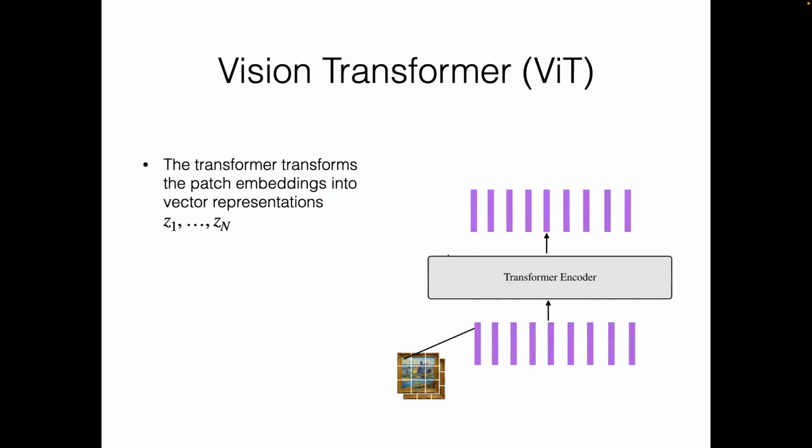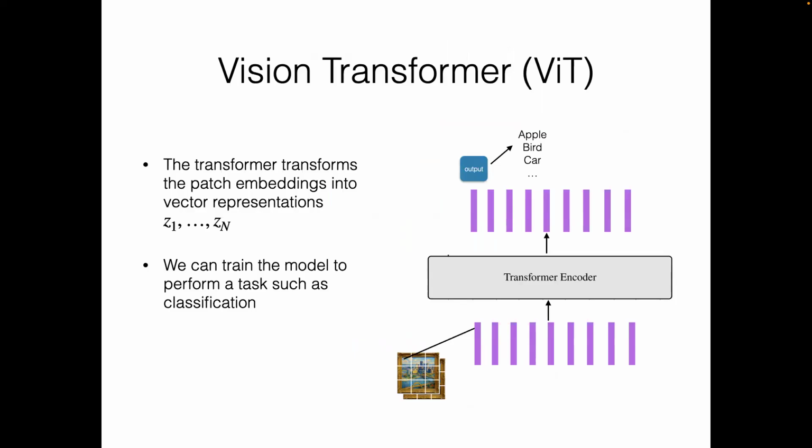Okay, and so now that we kind of have the embeddings, you can basically use a standard transformer. So here is the transformer encoder, and then you can think of these as producing some other vectors. And then, as I mentioned before, you could use this for a certain task, right?